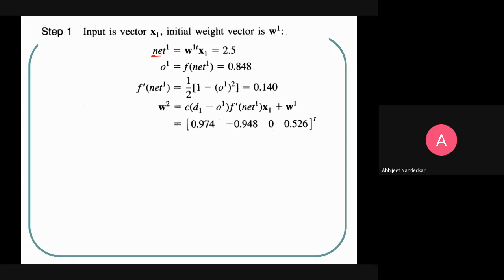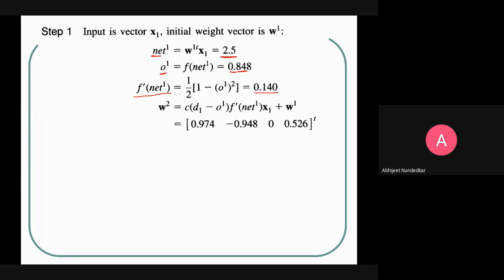So w1 transpose x1 is 2.5, then you compute output using the activation function as bipolar sigmoidal or tanh. Then it is 0.848. Use f dash of net. So f dash of net is equal to half into 1 minus O square, equal to 0.140.